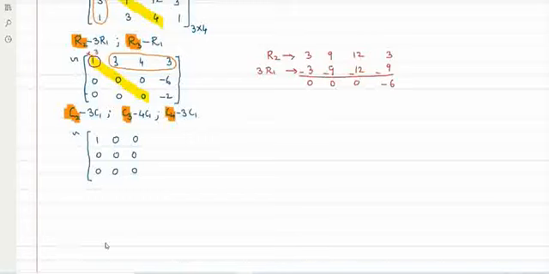Now tell me. 0 minus 6, 0, 0 minus 6, minus 2. Correct. 0, 0, minus 6 and minus 2.